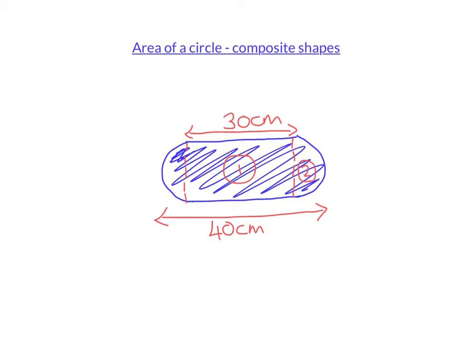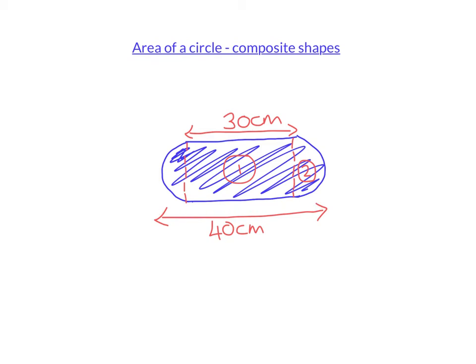Now the dimensions that we need for the rectangle are the length and breadth. We've got the length, but we're not sure about this distance going down here. Now this is the breadth of the rectangle, but it's also the diameter of the semicircle. And we can see we've got 30 centimetres here and 40 here.